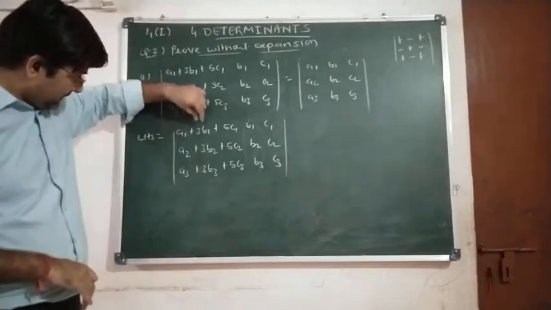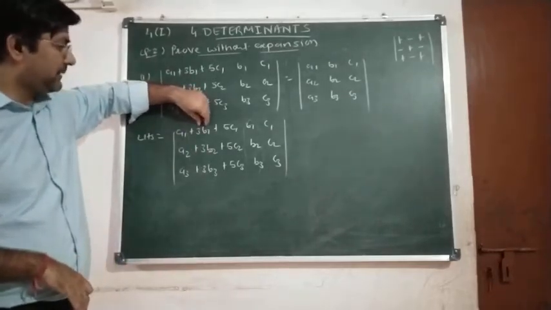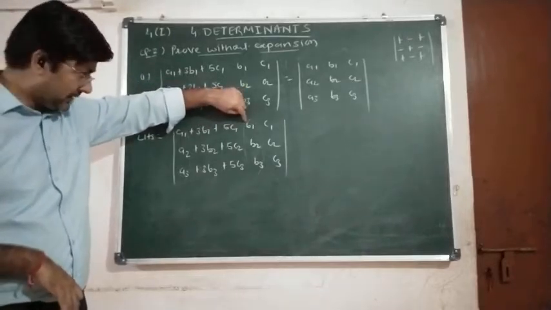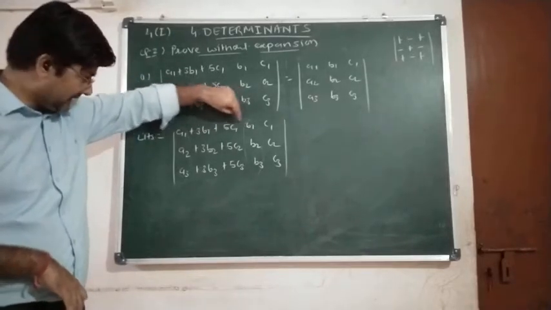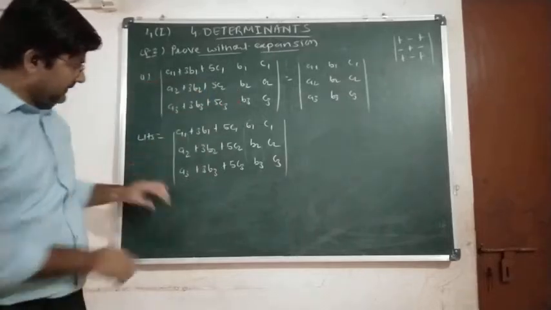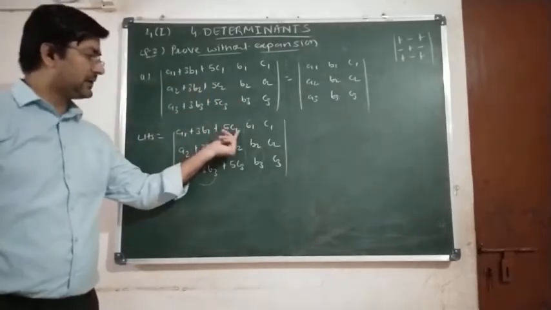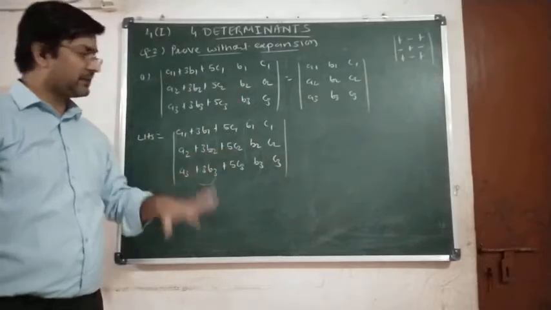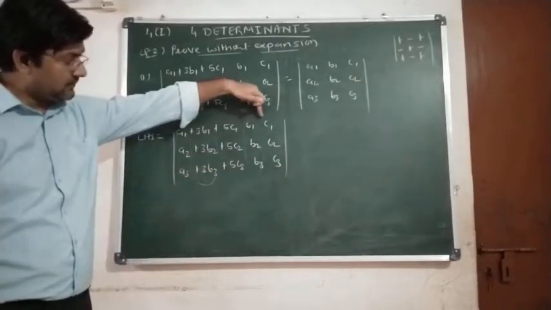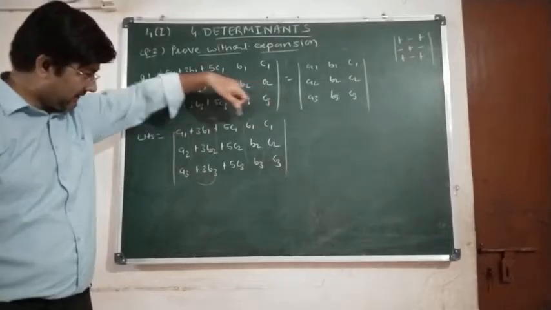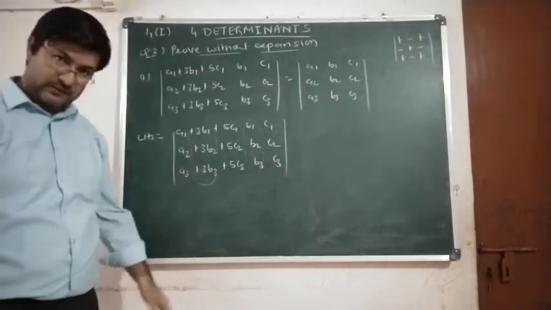So here, if you want to eliminate 3b1, you can multiply the second column by 3 and subtract. So this entry will be eliminated. Similarly, to eliminate 5c1, 5c2, 5c3, we can multiply the third column by 5 and subtract from the first. Clear?